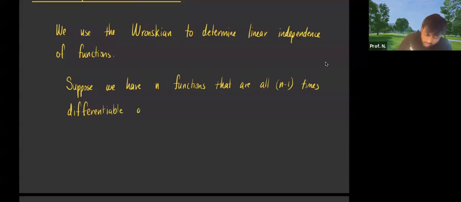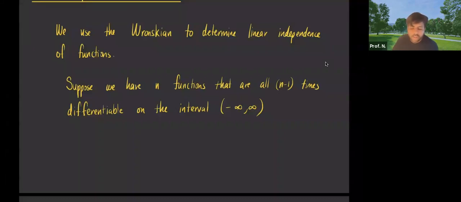And it's on the interval negative infinity to infinity. So for the n functions that we have, each of those functions is n minus 1 times differentiable on the interval negative infinity to infinity.